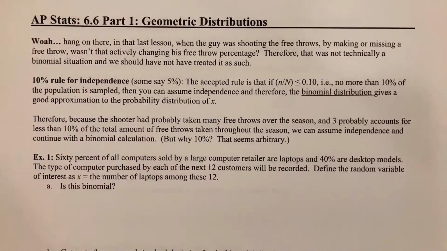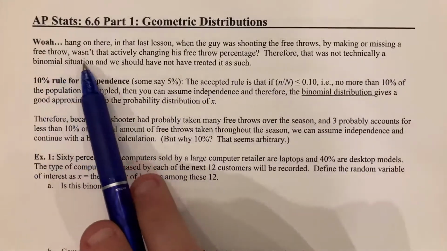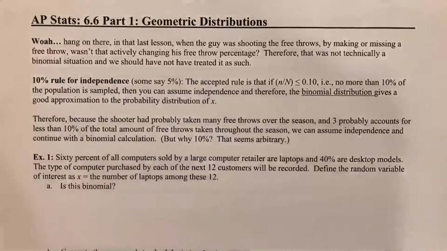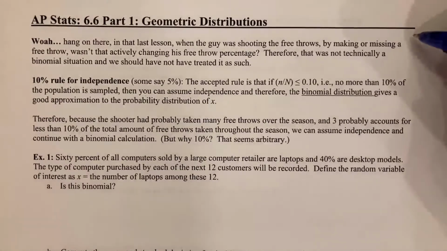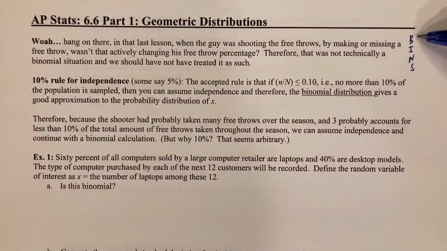In that last lesson, the guy shooting the free throws, by making or missing the free throw, wasn't he actively changing the free throw percentage? So in that case, the BINS part of binomial requires that you have to be independent, which means one event doesn't affect the other event.